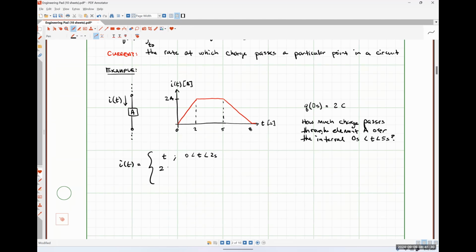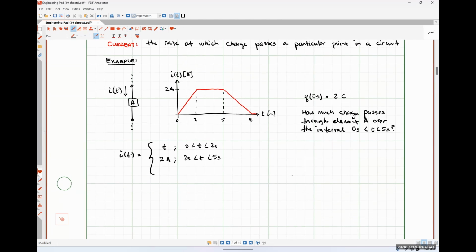Then it's just going to be a constant value of 2 amps for 2 seconds is less than t is less than 5 seconds. Then it decreases 2 in 3 seconds. So that's going to look like negative 2/3 (t minus 5) plus 2 over the interval from 5 seconds is less than t is less than 8 seconds.